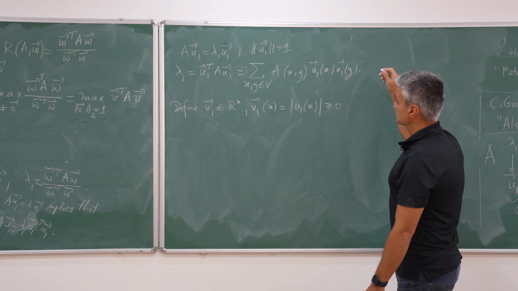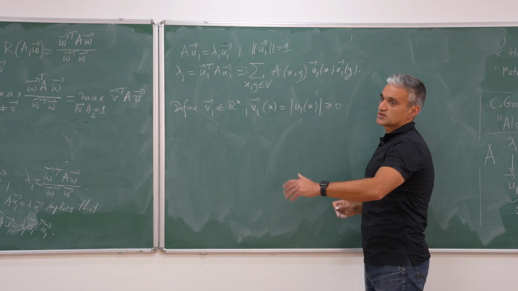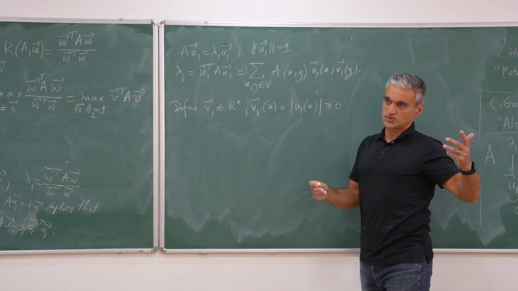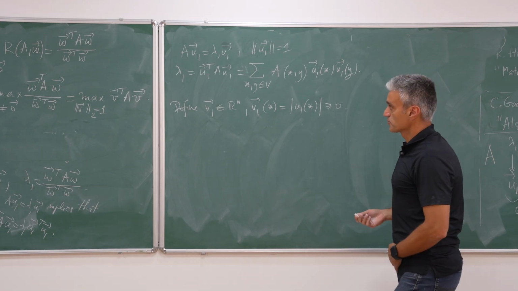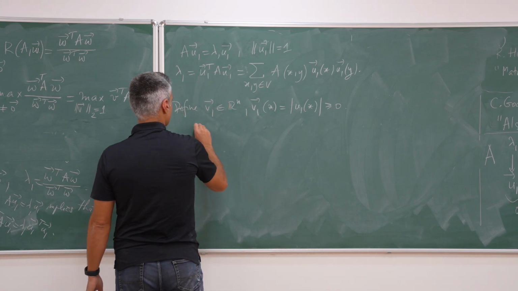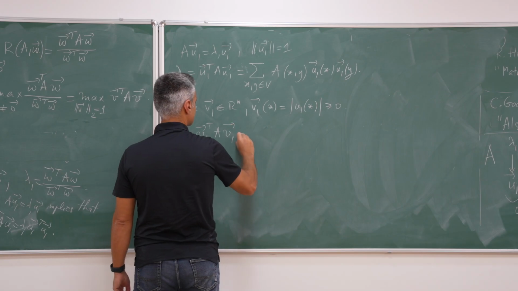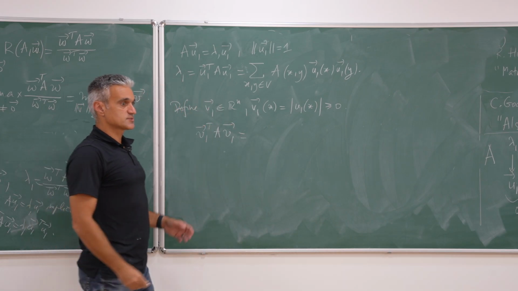And again, because U1 has length 1, U1 is not 0, it's guaranteed that V1 is going to have at least one positive entry. It cannot be all 0. Now, the first thing you do is calculate this V1 transpose A V1.